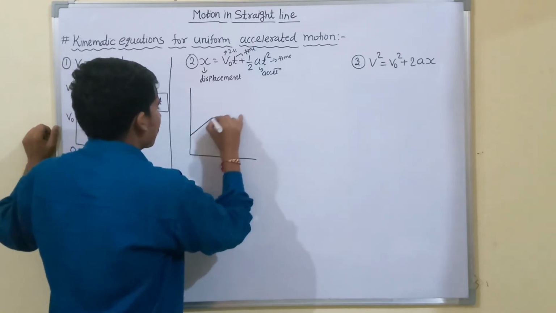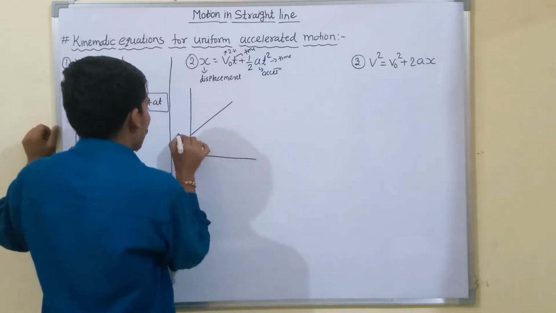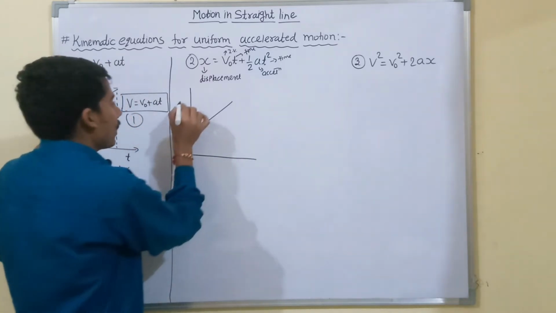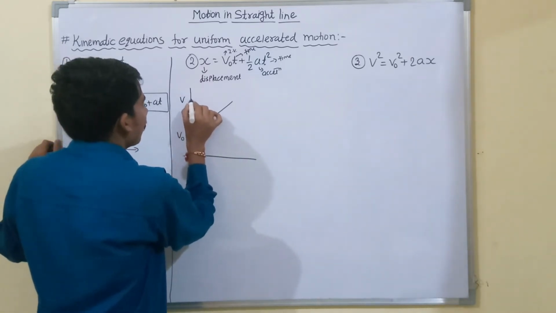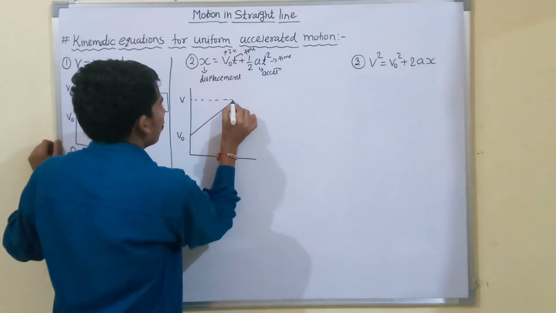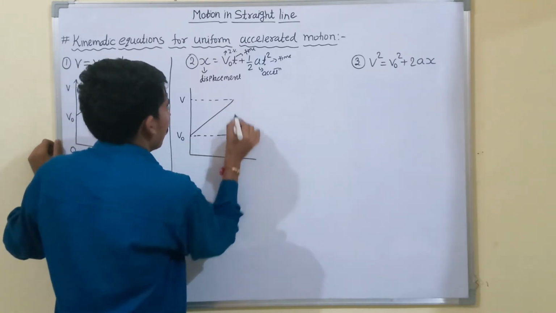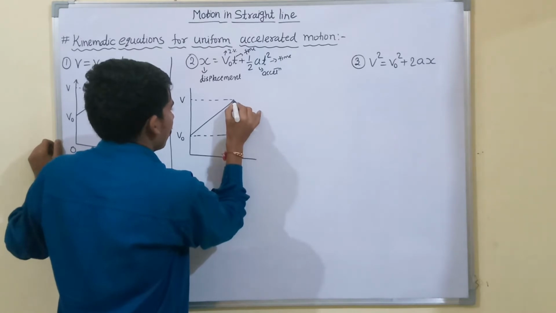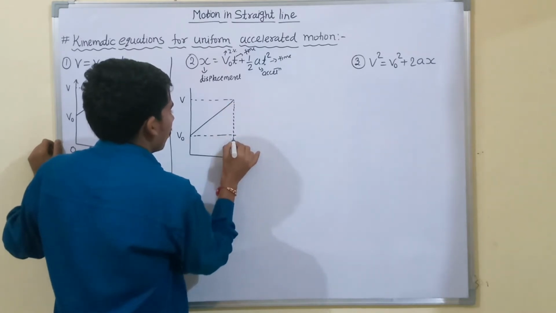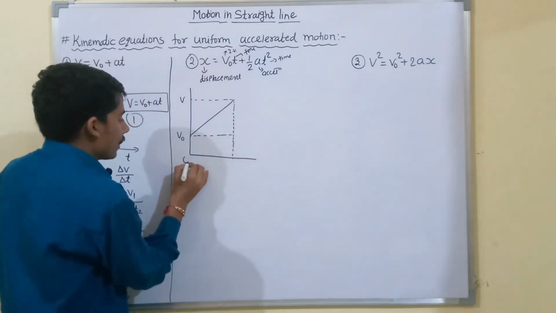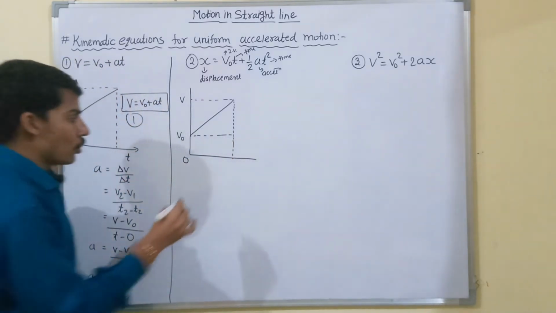We take the first graph. Now this is the velocity, initial velocity v0, final velocity v. Now this is the time instant, that is 0 to t.